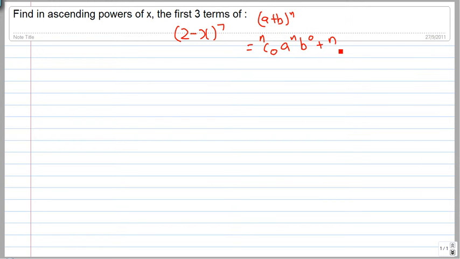Then for the very second term you use nC1 a to the power of n minus 1 b to the power of 1, and the next term will be nC2, which is the third term, a to the power of n minus 2 b to the power of 2. All you have to do is punch the calculator, just press the numbers in the calculator, and you'll be able to get nC2 and nC0.